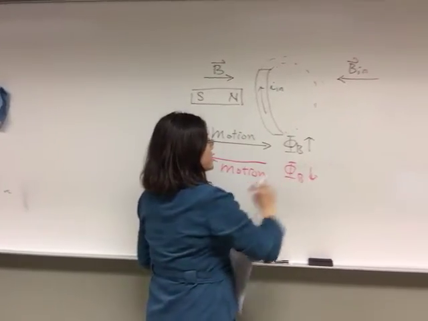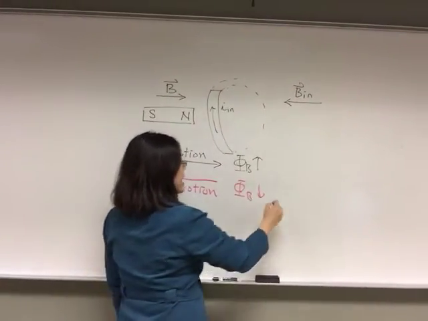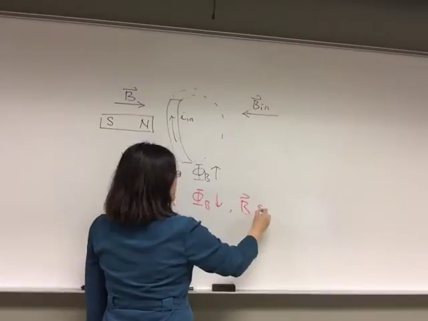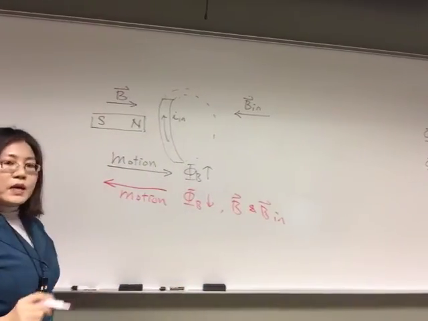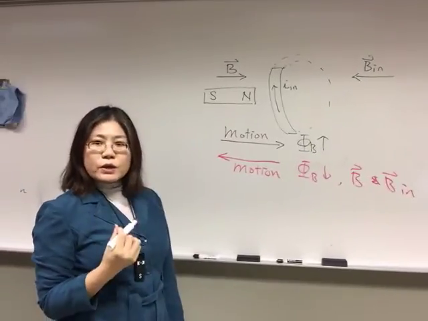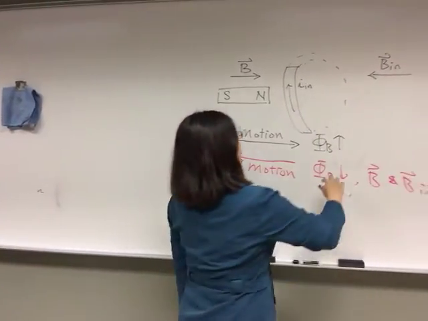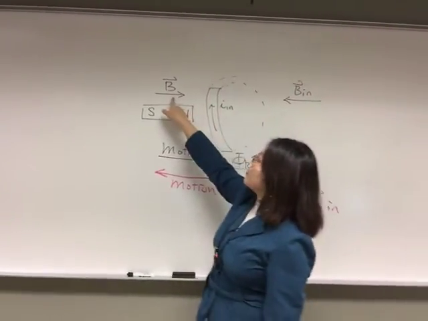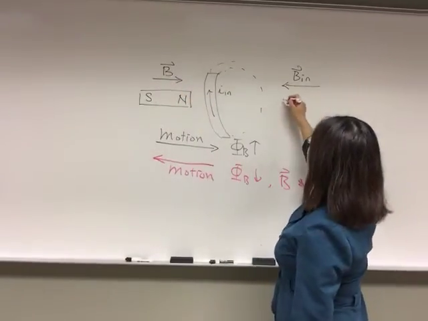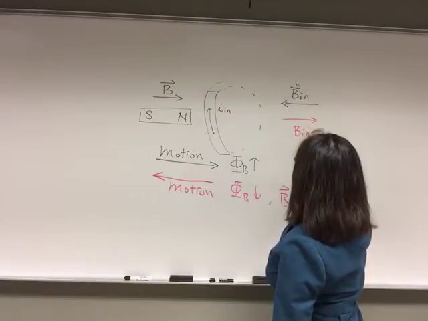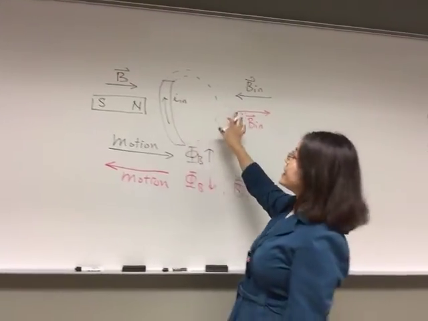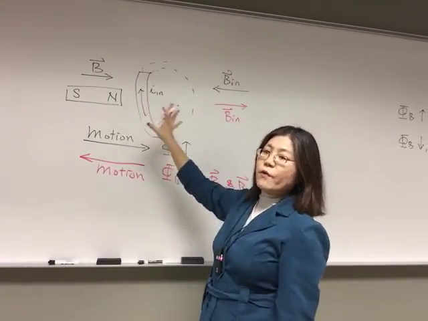When the magnetic flux decreases, the B original and the B induced have to be in the same direction to compensate for the loss. So this is the original direction, and the induced magnetic field has to be in that direction, the same as the original, in order to compensate for the loss.